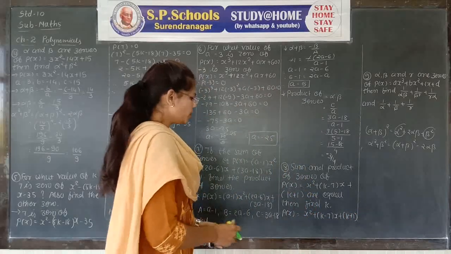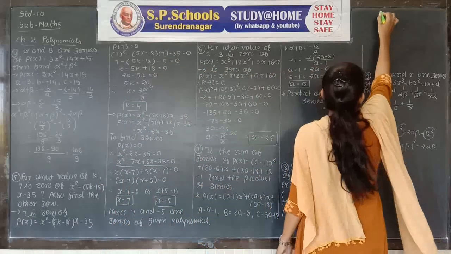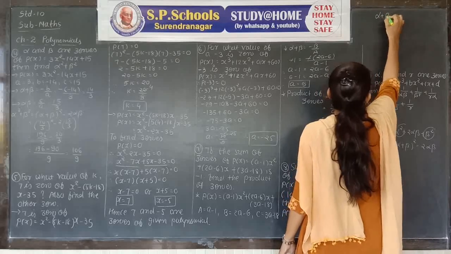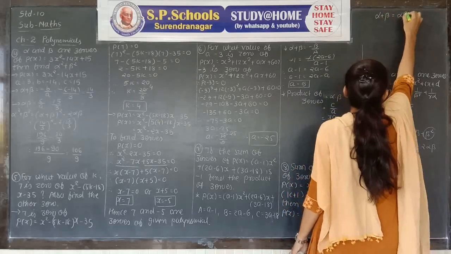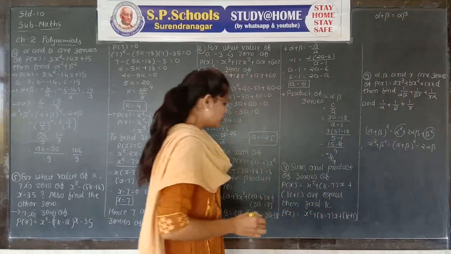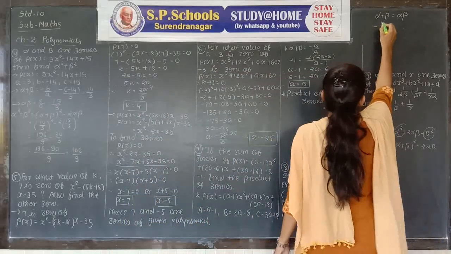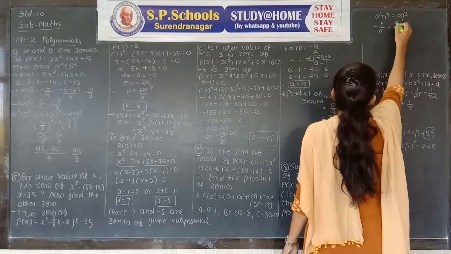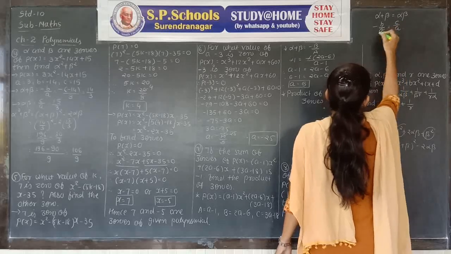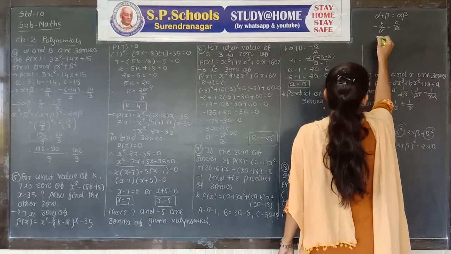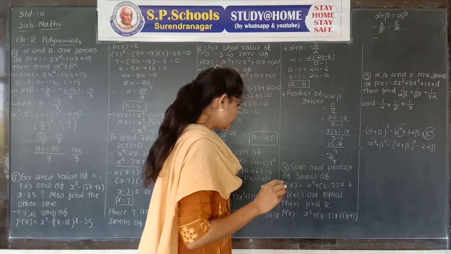Here the sum and product of zeros are equal. Sum is alpha plus beta and product is alpha into beta. The sum alpha plus beta, as we know, is minus b upon a, and product alpha into beta is c upon a, where a is common in both and cancels.